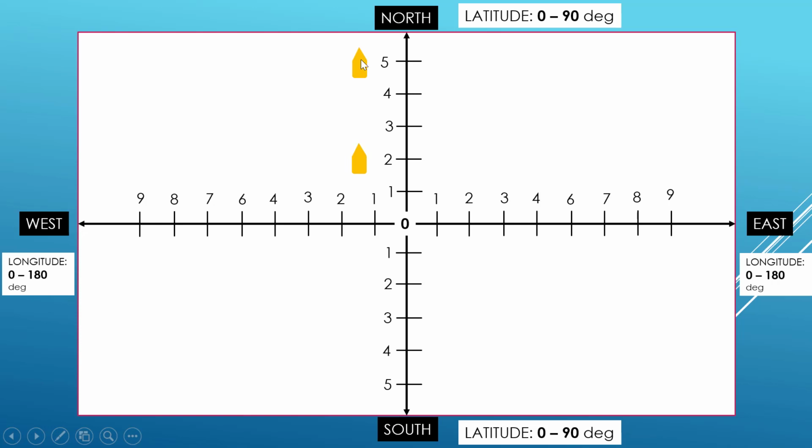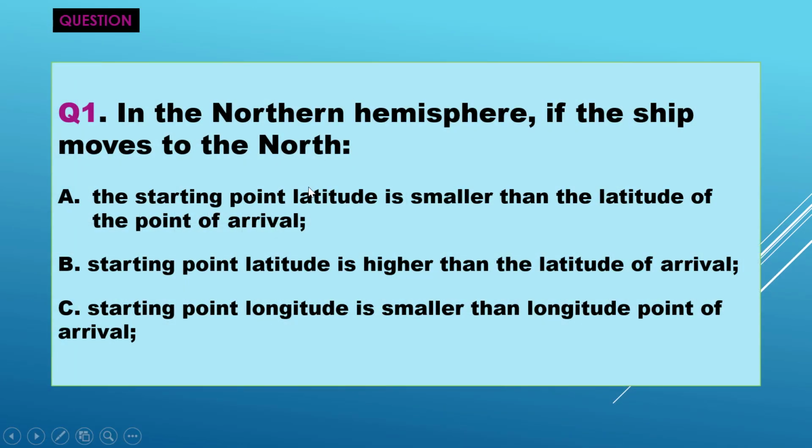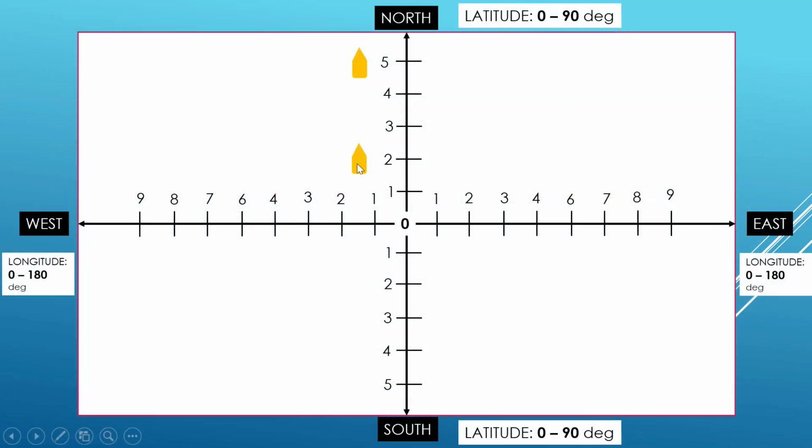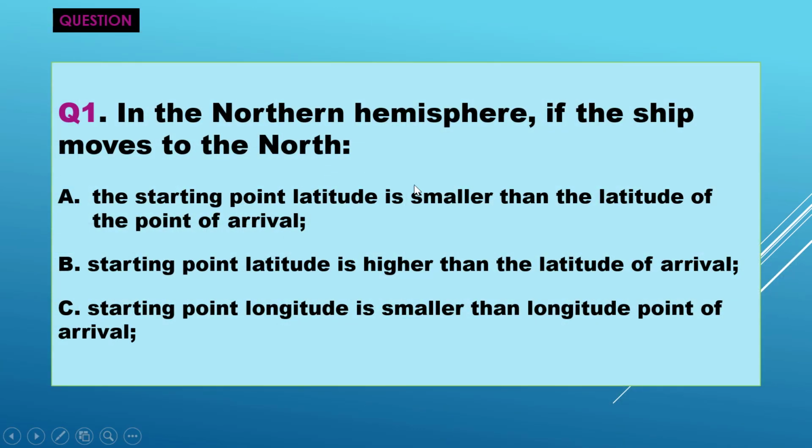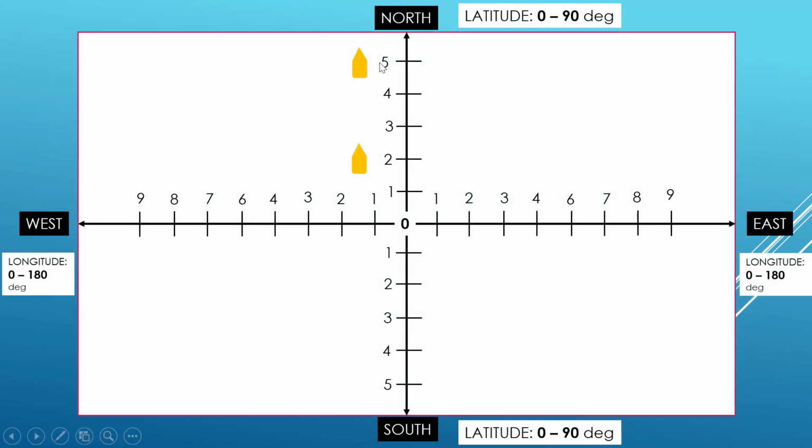And in the arrival point, you have 5 degrees as your latitude. So going back to the question, you will now see the starting point latitude, which is this one, is smaller than the latitude of the point of arrival. 2 is actually smaller than 5.